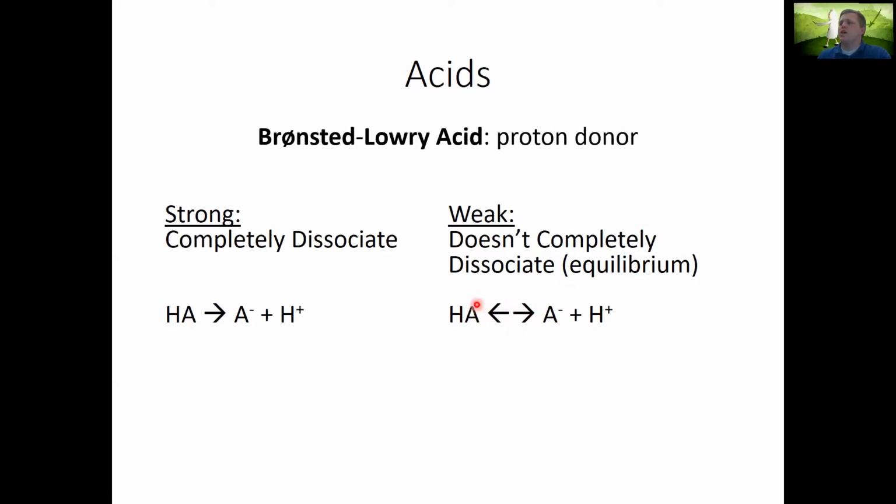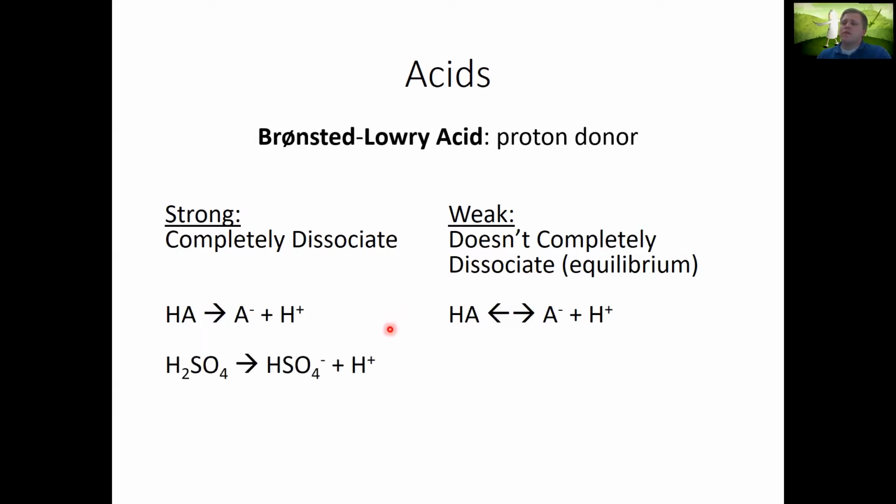So the HA dissolves into the A minus and the H plus, but sometimes those come back together to form the HA. And so you're getting all of these species present in water, whereas with a strong acid, you're just getting the conjugate base and the proton.